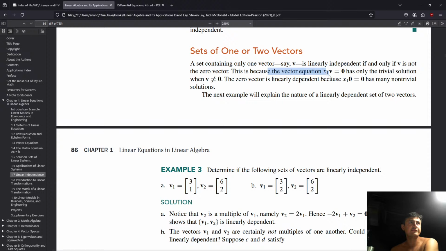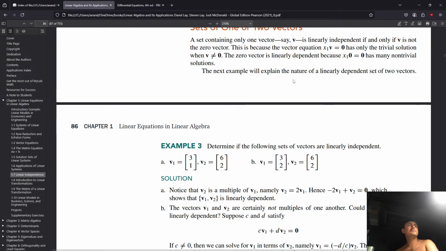This is because the vector equation x1 v equals 0 only has the trivial solution when v is not equal to 0. If v was equal to 0, then there'd be many non-trivial, meaning non-zero, solutions, because x1 could be whatever you want and it'll still always be 0.